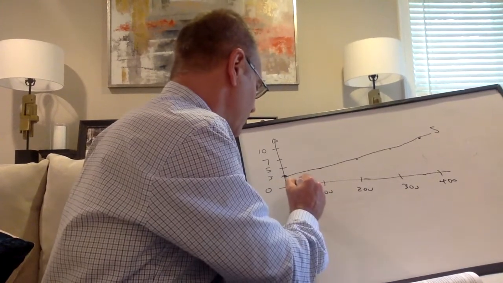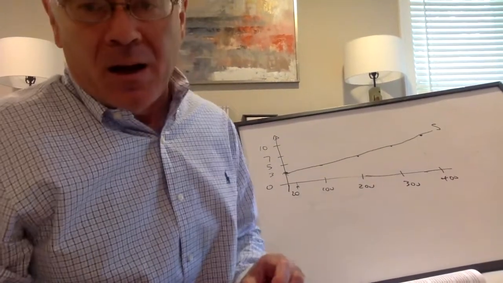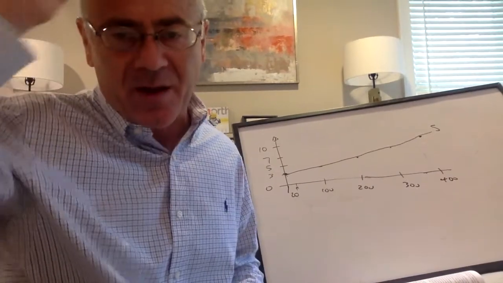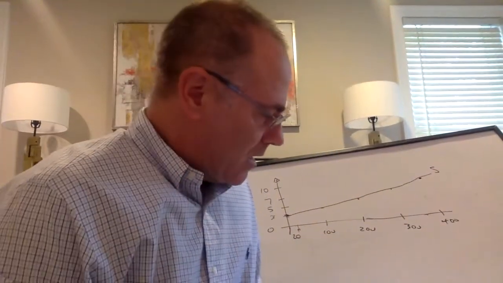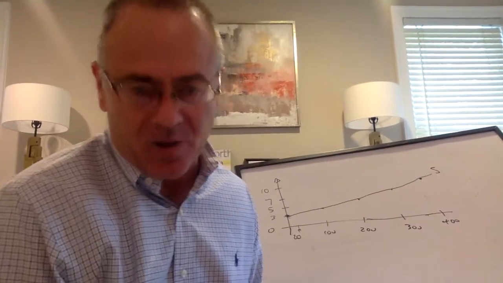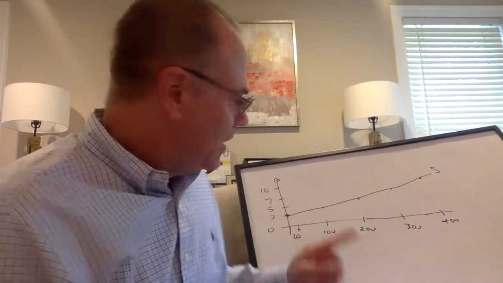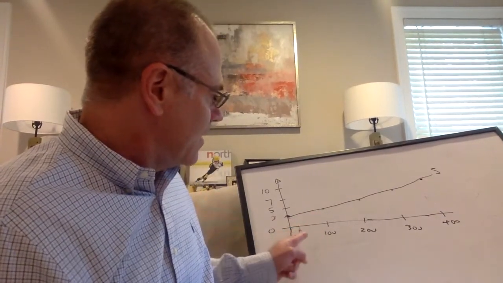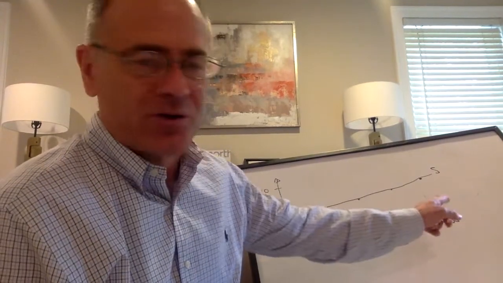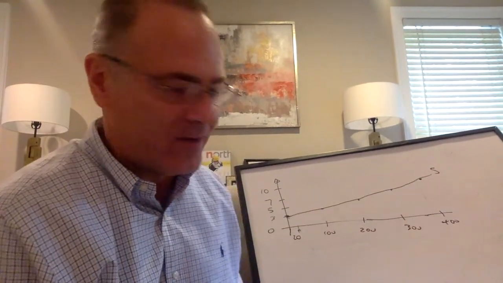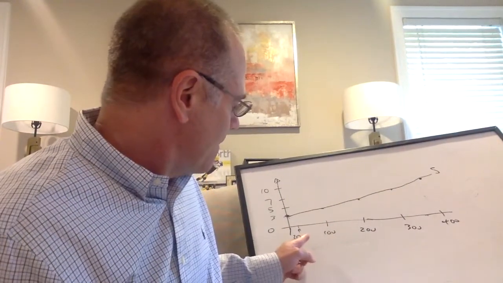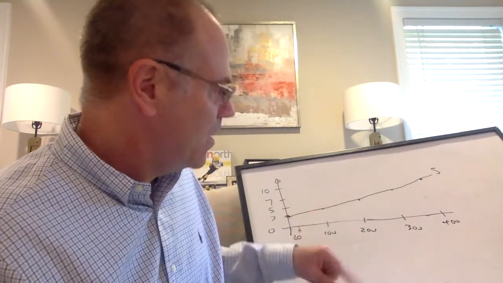The easiest way to think about it is, instead of 400 total hours, 20 times 20 is 400.